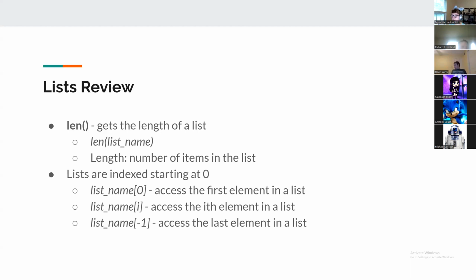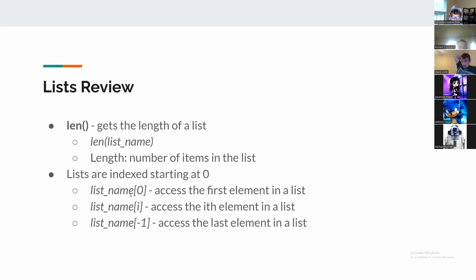Next, we talked about list indexing. As we learned, every index in Python starts at 0, so the first element is actually 0. If we have the list name and then brackets, that is how we access a specific indexed item. To access the first element of a list, we have the list name, then open bracket, close bracket, and inside that we put 0.